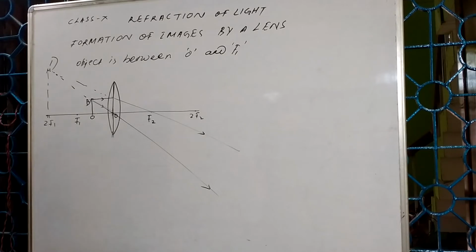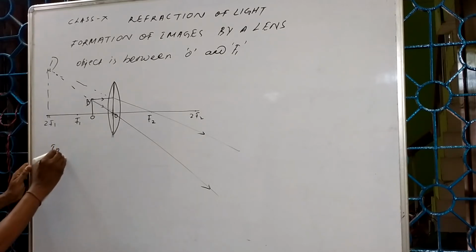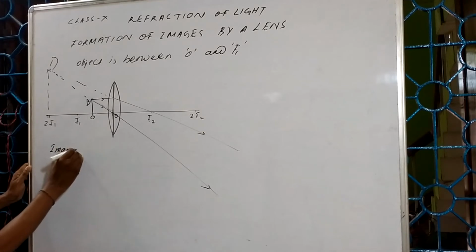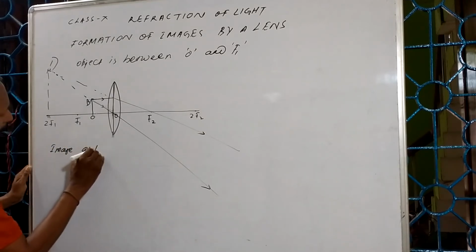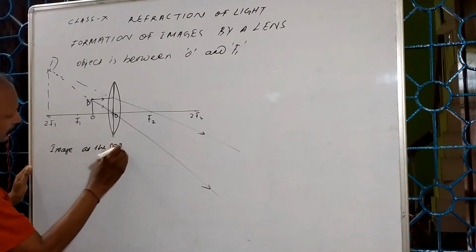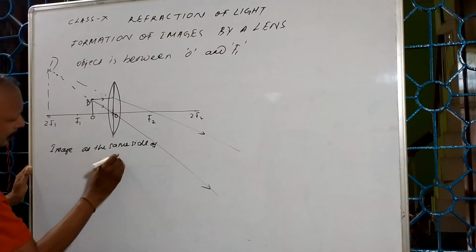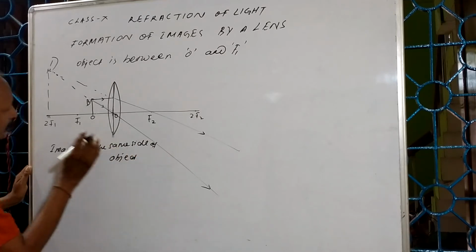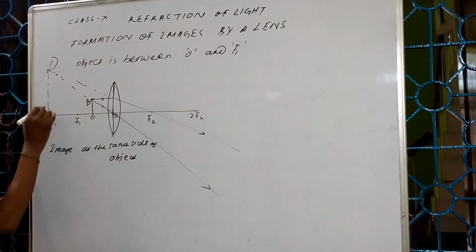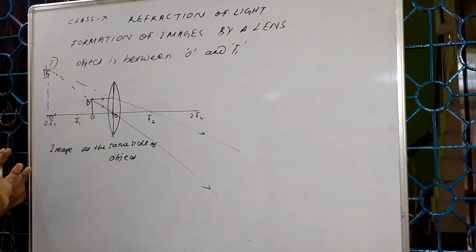So this is the image. Which type of image? What are the characteristics of the image? First, the image is on the same side of the object. Which side is the object? The image is also on the same side.